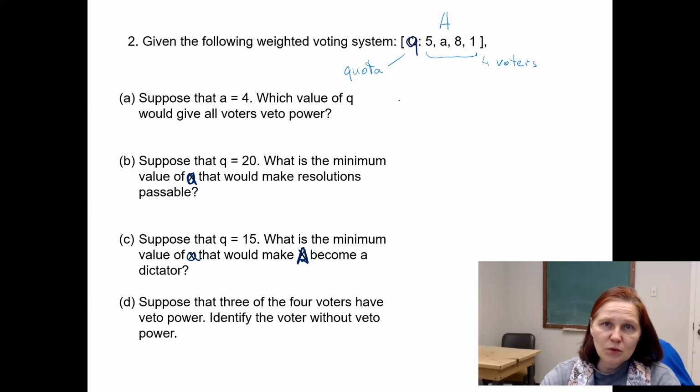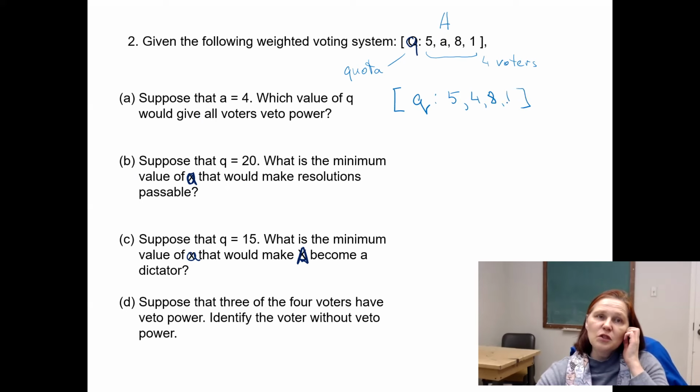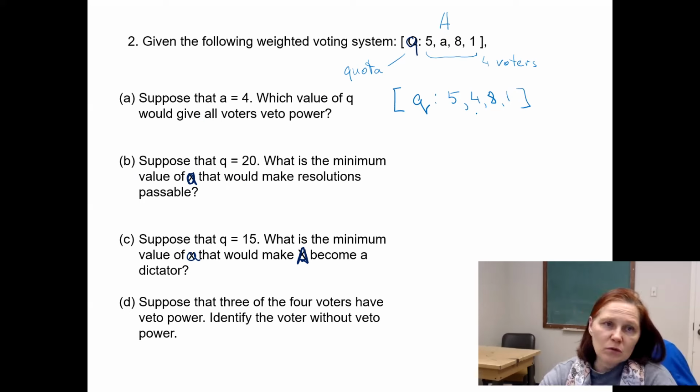Suppose that voter A has 4 votes. So we have a situation: quota Q is not known, and voters with 5, 4, 8, and 1 vote. Which value of Q would give all voters veto power?